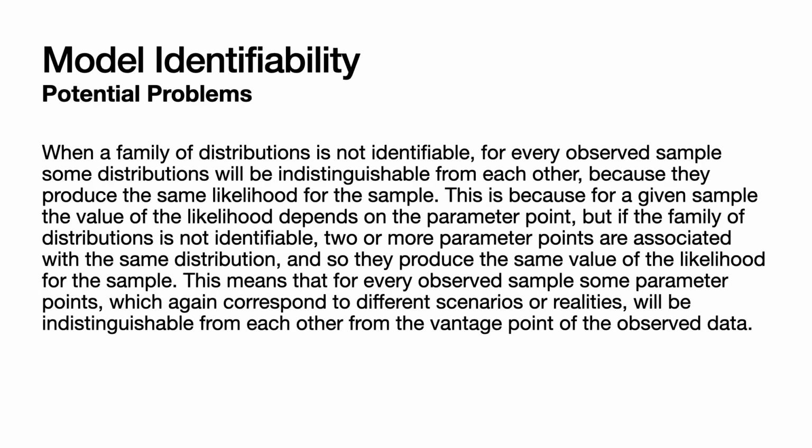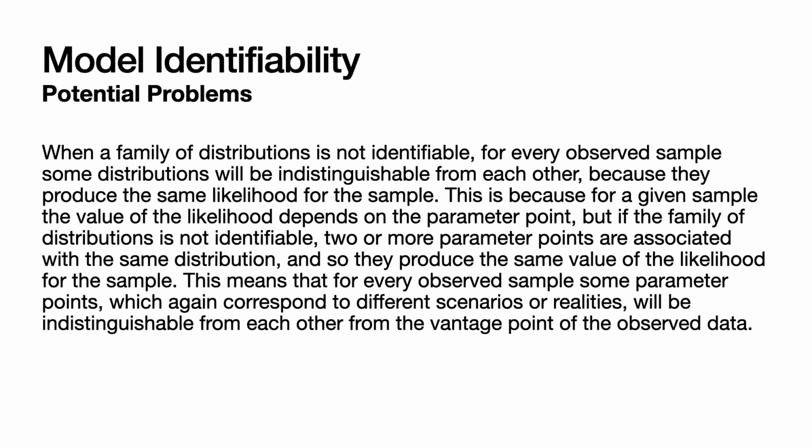When a family of distributions is not identifiable, for every observed sample, some distributions will be indistinguishable from each other because they produce the same likelihood for the sample. This is because for a given sample, the value of the likelihood depends on the parameter point. But if the family of distributions is not identifiable, two or more parameter points are associated with the same distribution, and so they produce the same value of the likelihood for that sample.